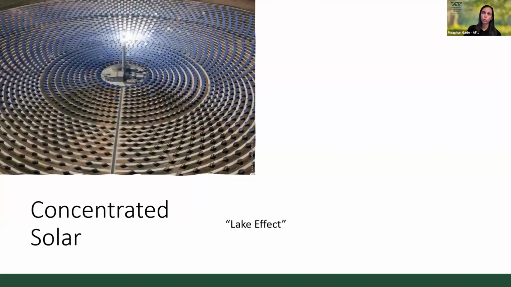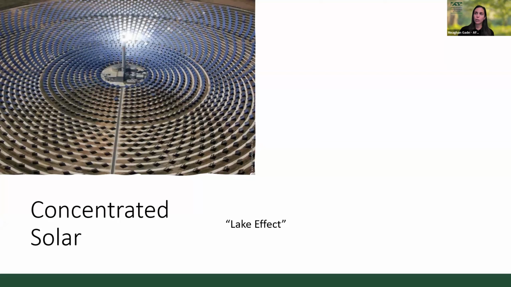The other type of solar is called concentrated solar. Here the panels are essentially mirrors, and the mirrors concentrate the rays of the sun onto a tower. That's what this beam is here. It's heating it up, and it's really, really hot.